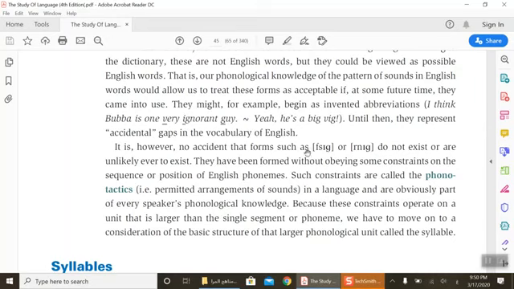So such words, think or renege, we don't have these words. They do not exist. These words violate, they break the rules. They violate the constraints. They violate the phonotactic rules. We can put it this way: they break the phonotactic rules. We don't have these words. It's very important.